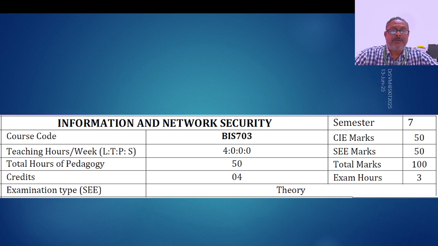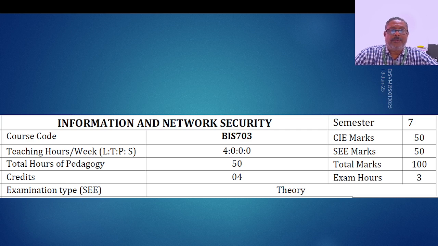Information and network security is for the 7th semester. The course code is BIS703, and the lecture is for 4 hours every week. The total hours of pedagogy is 50 hours, 5 modules, so on average 10 hours per module.